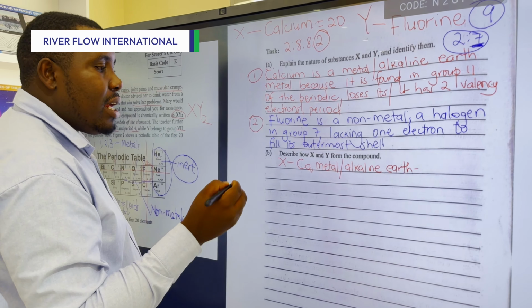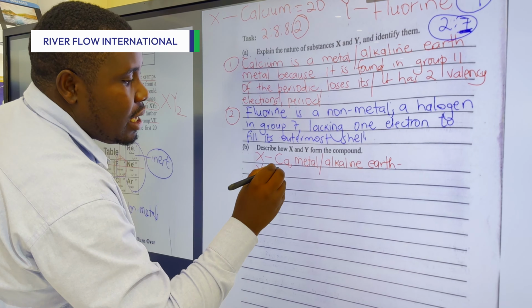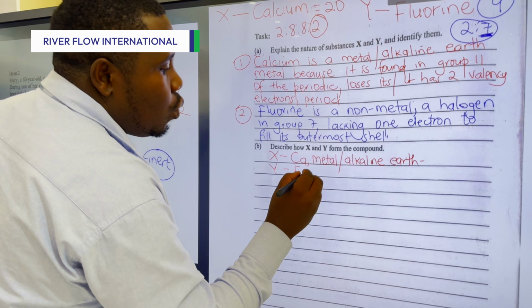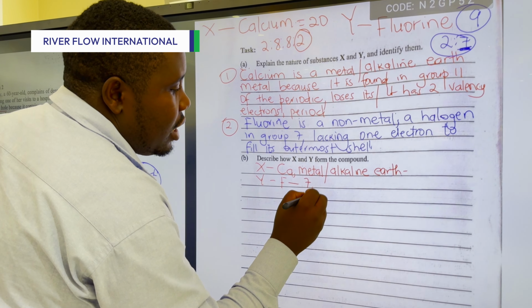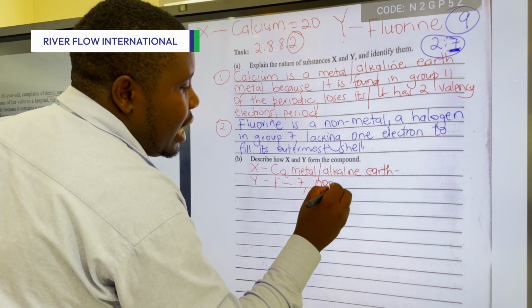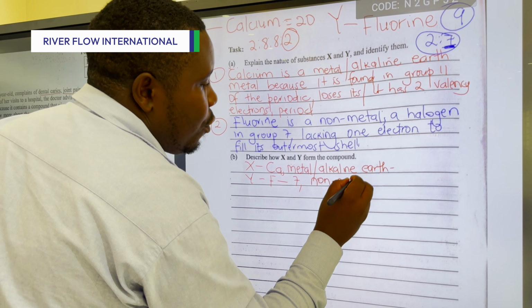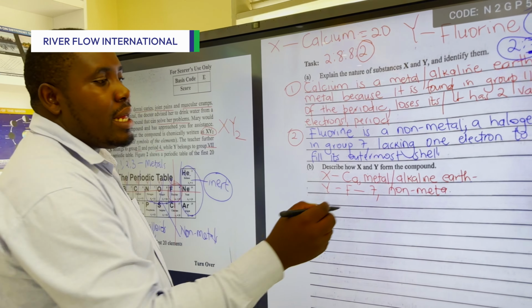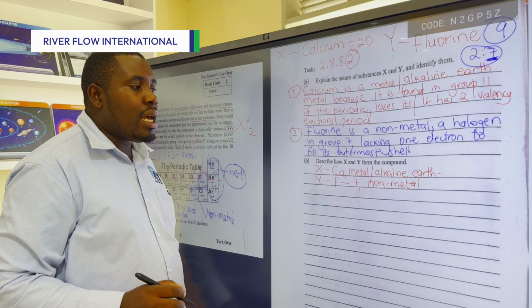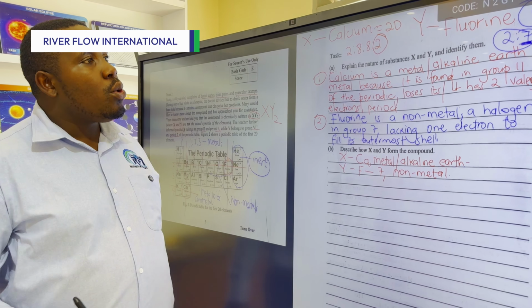Then we have also identified that Y is fluorine, which is in group 7, and we have said it's a non-metal.